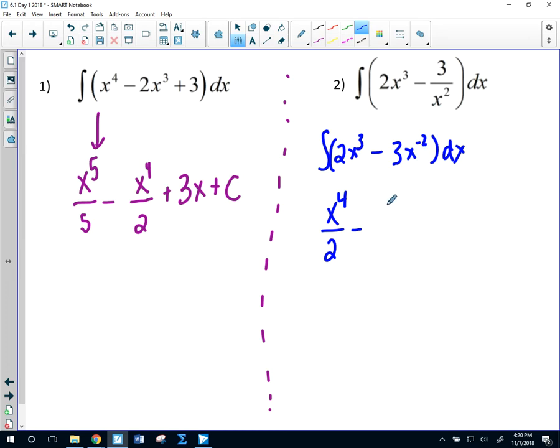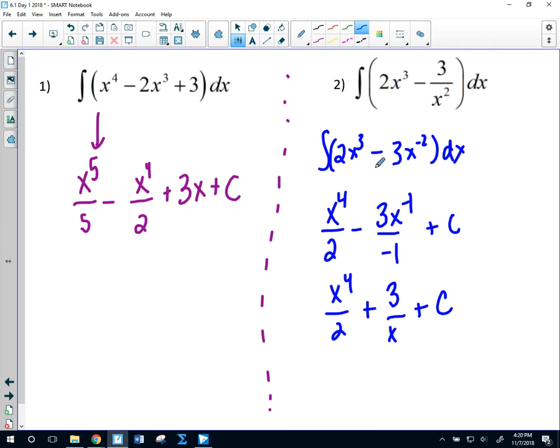This actually becomes a problem for people, so be careful when you add here. So this becomes 3x to the negative 1, and I need to divide by negative 1, plus c. So this one could be rewritten as x to the 4th over 2 plus 3 over x plus c.